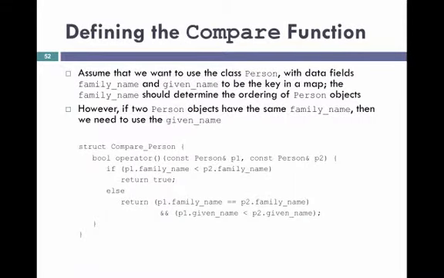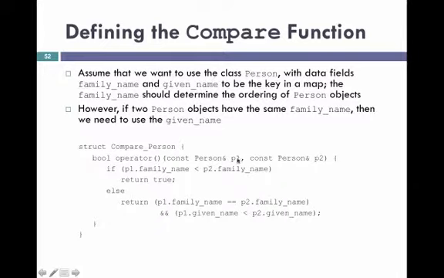Now assume that we want to use the class person with data fields family name and given name to be the key in the map, and then family name should determine the ordering of person objects. Now if two persons have the same family name, then we need to use the given name. So here's our compare person function structure.